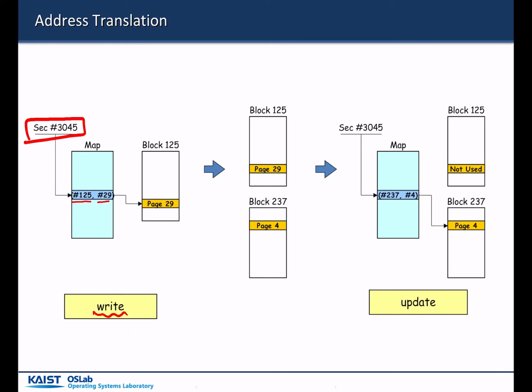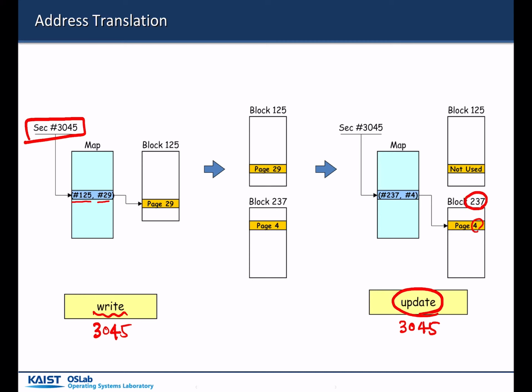And then when you update the same page again, for example, you write page number 3045 and you update page 3045 again. In that case, the flash controller finds a new block, and the new block it has found is block 237 and page number 4.